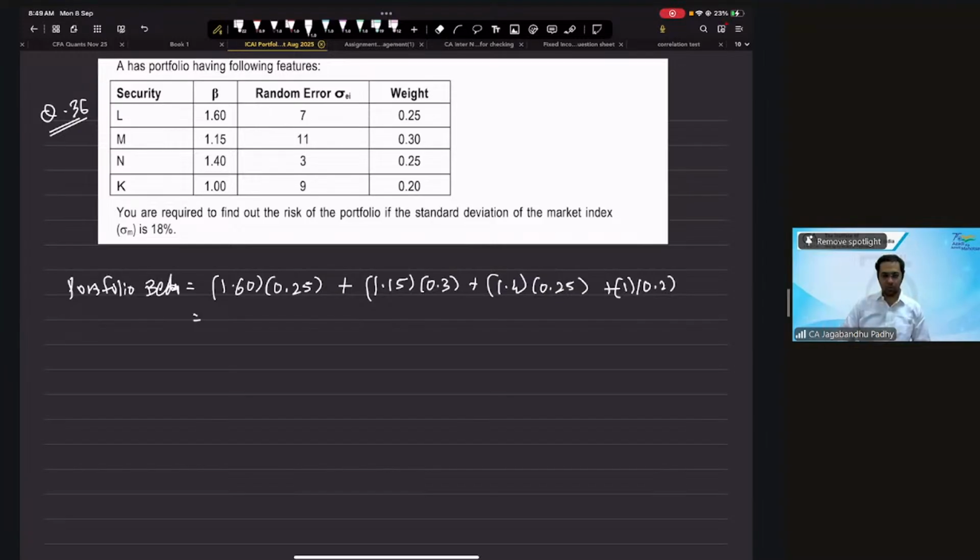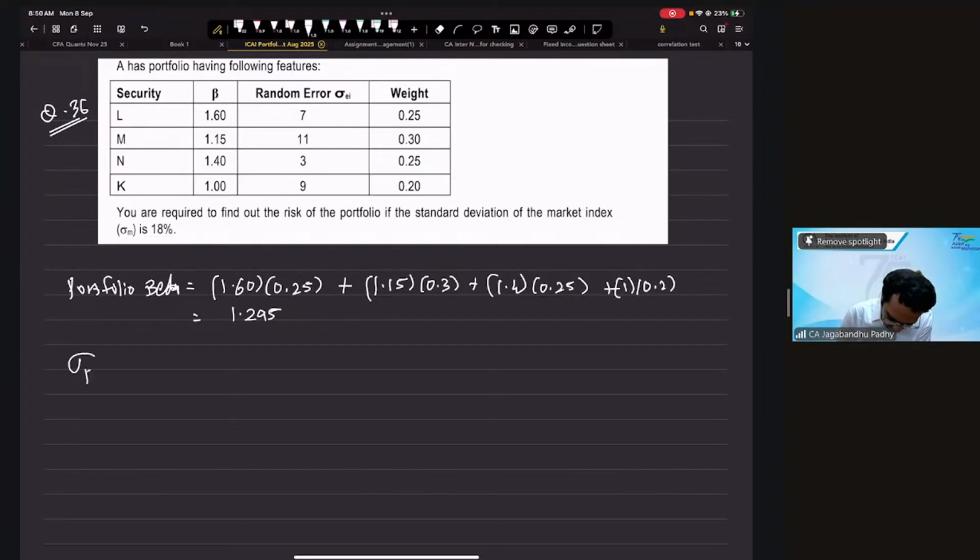Okay. So 1.60 into 0.25 and so what is this number? What's this weighted average number? Total comes to 1.295. Right?